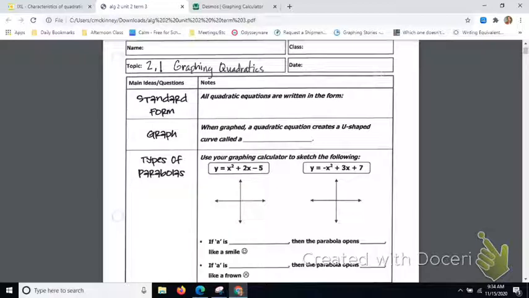So you see we are now blank again here. This one, I know it's crossing here at 7, and I did a little extra math so I could find out for sure. Its vertex is up here, and then it's going this way and this way. And you see that this is negative, so it is opening down like a frown.